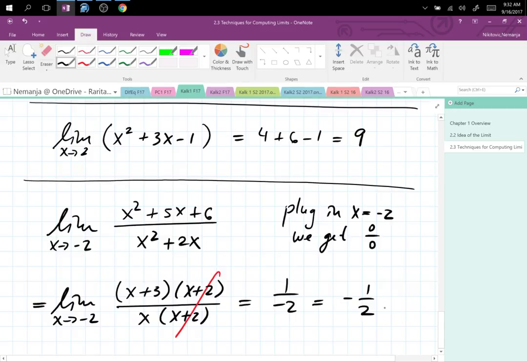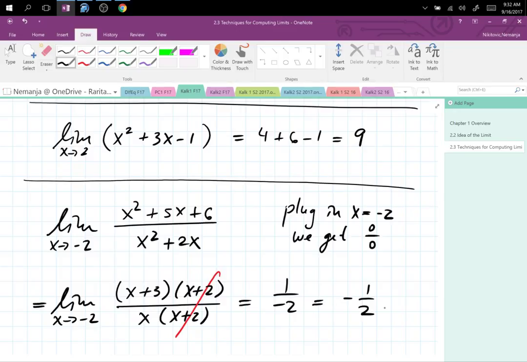This is why you can't make claims about the problem if you get 0 over 0. When would you say that 0 over 0 gives you negative half as the answer? I can come up with another example that looks similar to this that will give you 3/4, that will give you 5/8, that will give you any other value. I can fix these numbers so that when they factor and you plug in whatever limit you got, it works.